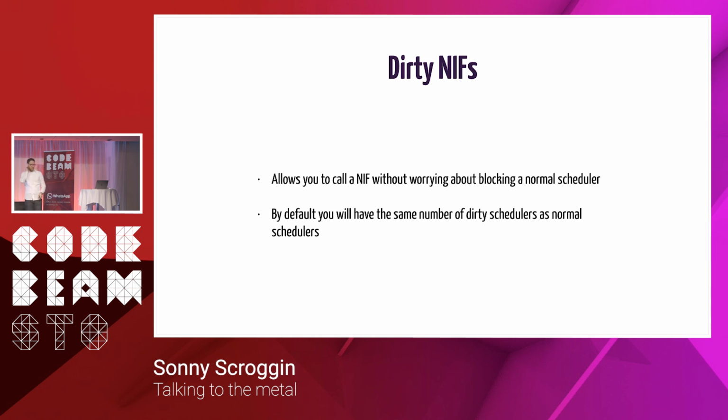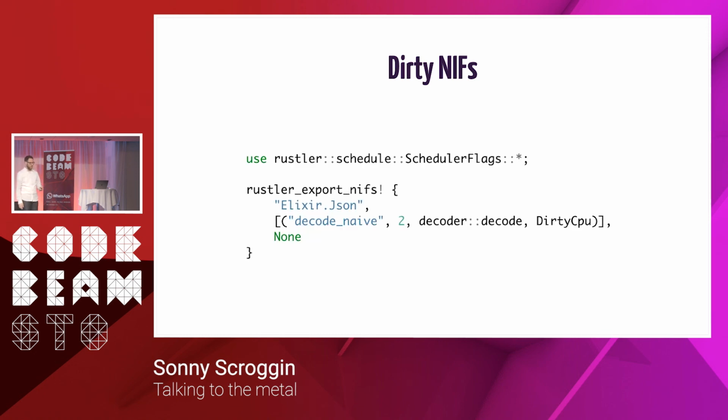This allows us to do things that are potentially slower in VM terms and not affect anything in that manner. You can do both dirty CPU and dirty IO, depending on the type of operation you have. So in Rustler, we have these scheduler flags, which are dirty CPU and dirty IO. By default, it's just normal.